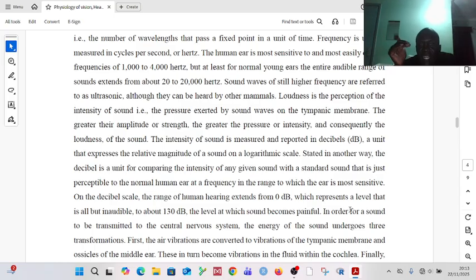Okay? So loudness is just how much pressure is being exerted by that particular wave on your eardrum. If there is very high pressure, then that sound is loud. If there is no high pressure, then that sound is not loud.